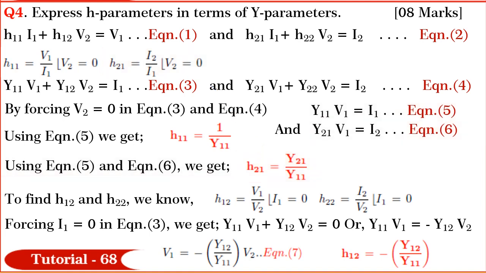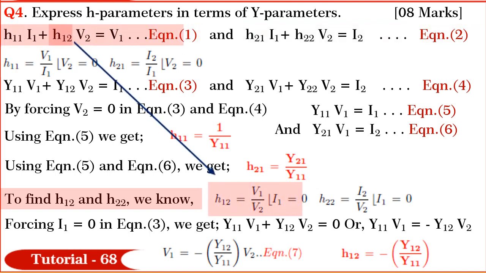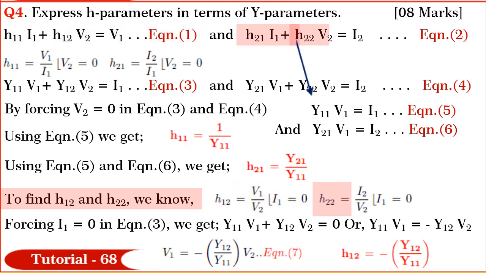Very simple, isn't it? Next, to find H12 and H22 from equation 1 and equation 2, we have H12 is equal to V1 divided by V2 when I1 is equal to 0 and H22 is equal to I2 divided by V2 when I1 is equal to 0.